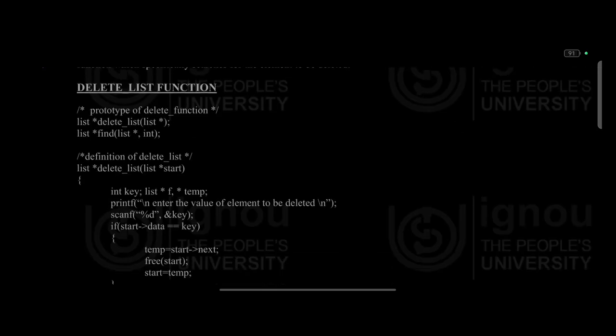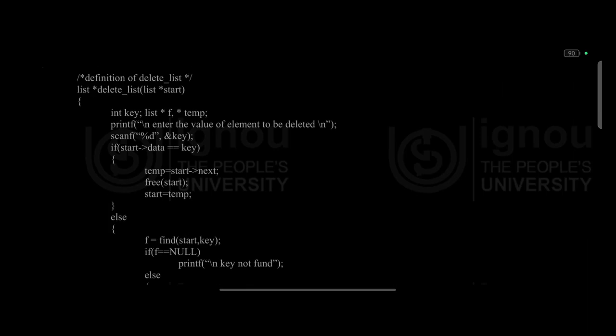Delete list function. Prototype of the delete function: list *delete_list(list *); list *find(list *, int). Definition of delete_list: list *delete_list(list *start, int key, list *f, list *temp). printf("Enter the value of element to be deleted"); scanf("%d", &key); if start->data == key, temp = start->next; free(start); start = temp.